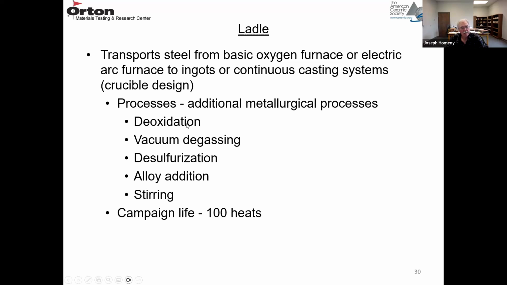There may be a deoxidation step, maybe a vacuum degassing, maybe more sulfur is removed, maybe alloy additions are made to make alloys, and there may be a gas for stirring through a tuyere. These may last up to 100 heats.